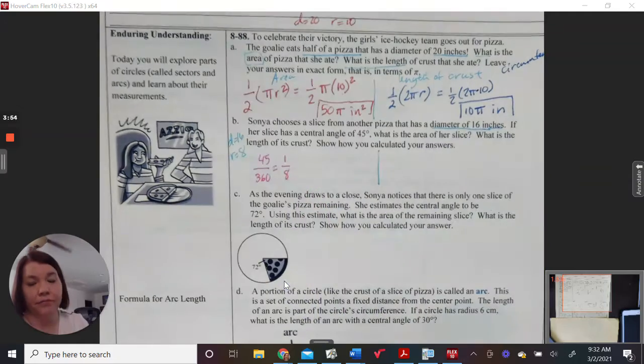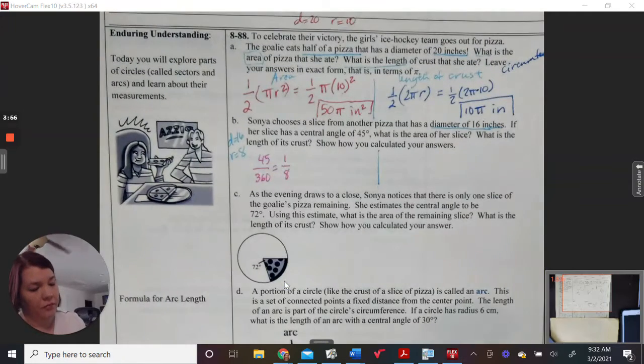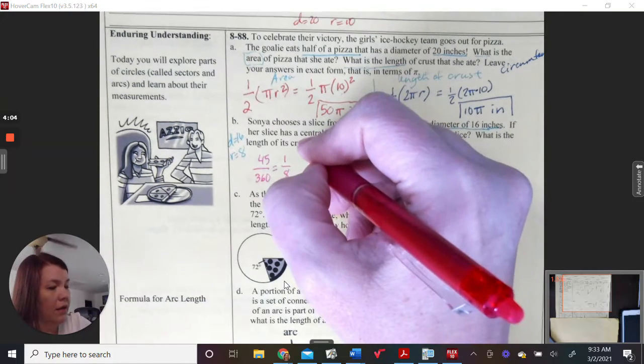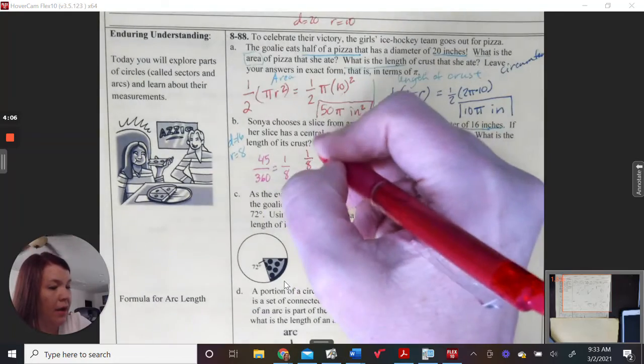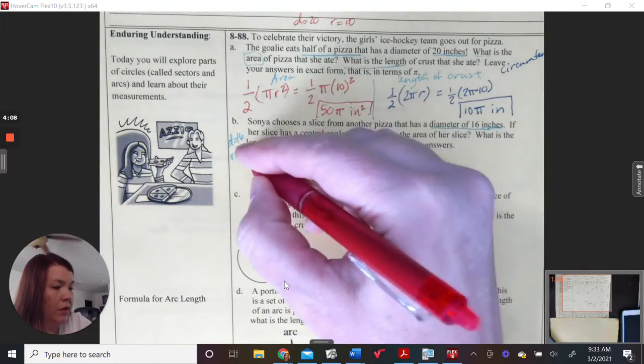Okay. And so to find the area, I'm going to take 1/8 of my area, which is pi r squared, pi times 8 squared.